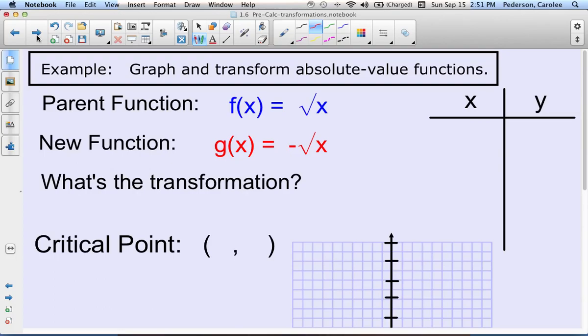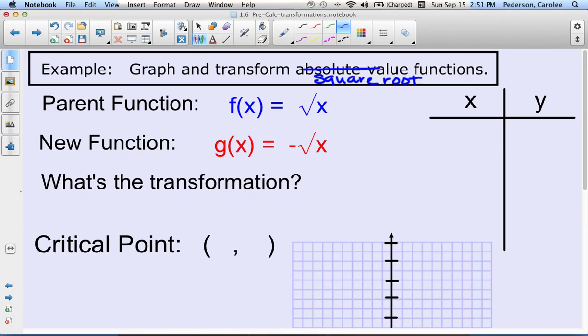Our second example, we give you a parent function, and now it's a radical. It's a square root. Let's evaluate a few ordered pairs here.